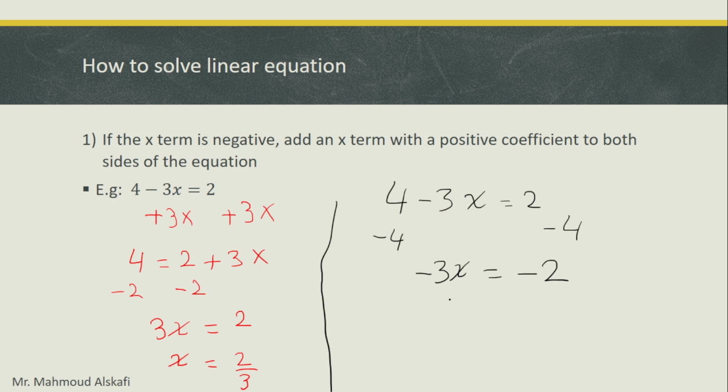This is the first lesson in this chapter. So divide by negative 3 on both sides, x equals negative over negative, which gives positive 2 over 3, 2/3, or you can say 0.6 recurring.